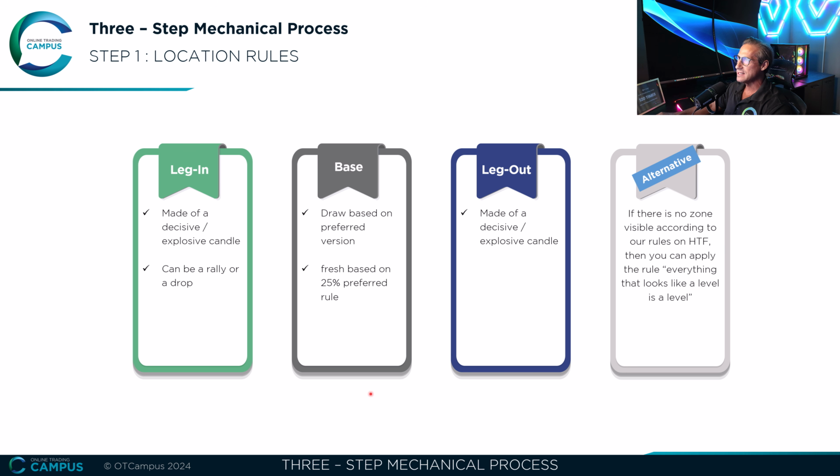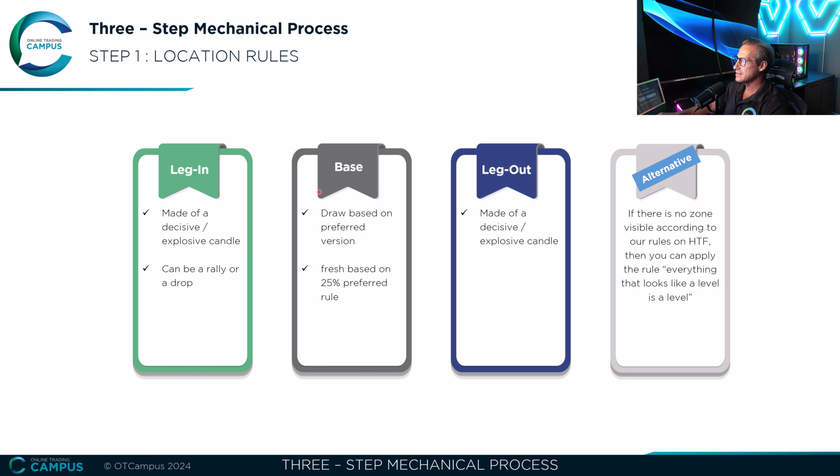And these are your rules for basically drawing the zone on a higher time frame. Your leg in has to be made of a decisive or explosive candle. It can be a rally or a drop, obviously.